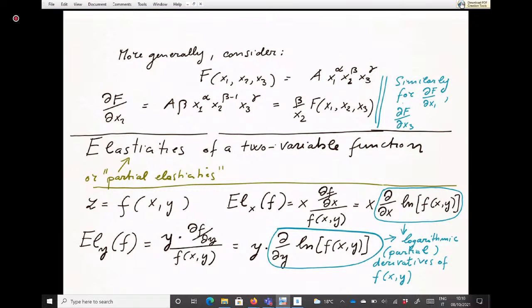And this is an elasticity, very typically. The elasticity is expressed as a percentage, as a ratio between two percentage changes.